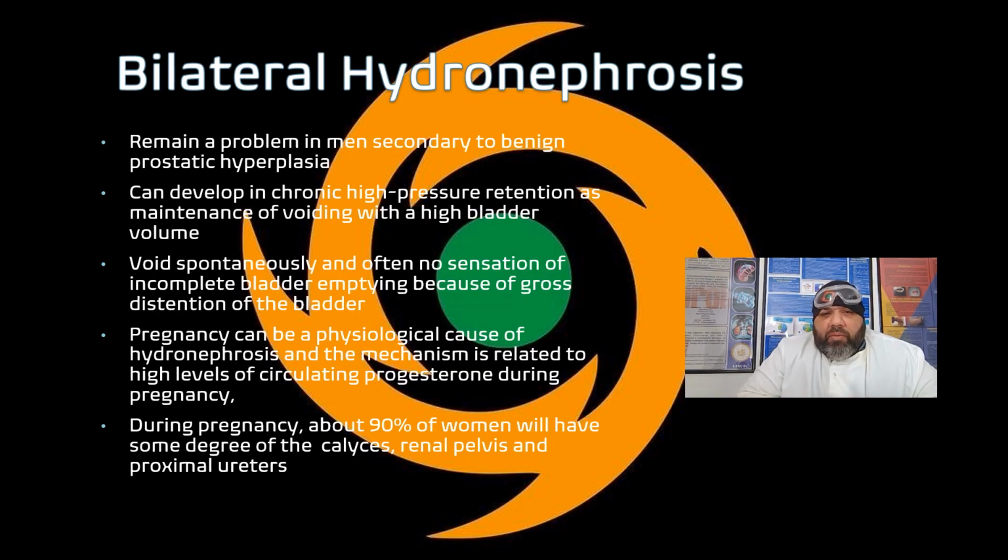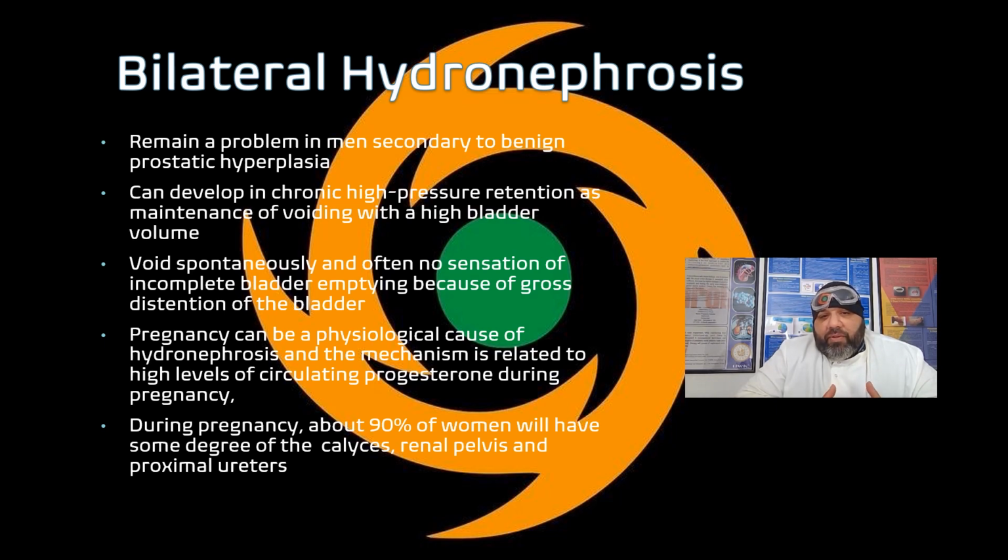In particular, bilateral hydronephrosis can be problematic. It can remain a problem in men secondary to benign prostatic hyperplasia, for example.